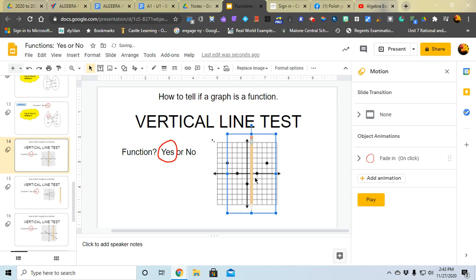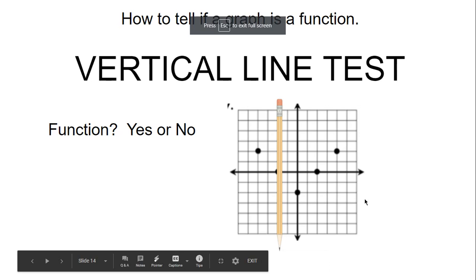It would only hit the graph here in one spot. That means as you travel down the pencil, it doesn't hit the graph twice. It only hits the graph once, no matter where you move it. So yes, okay, this would be a function.